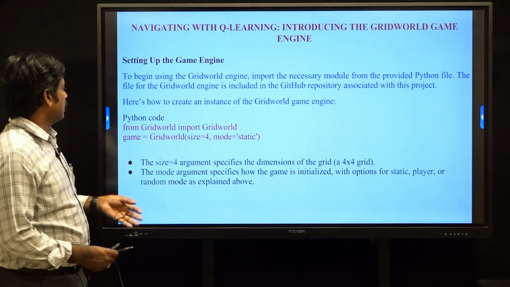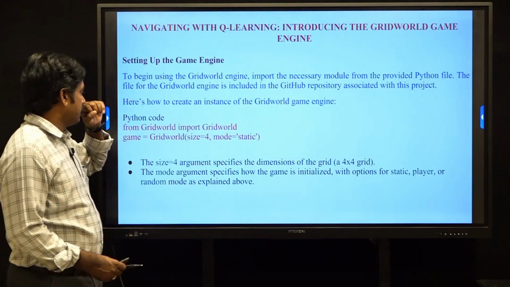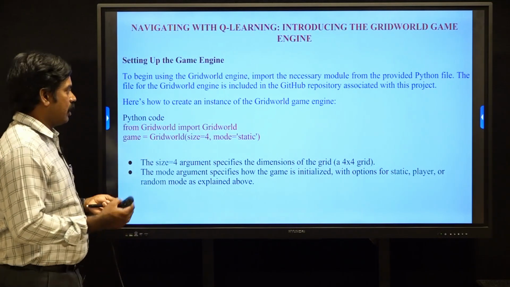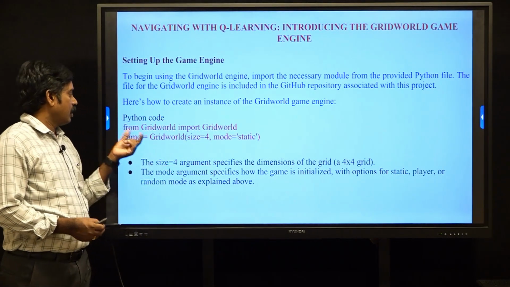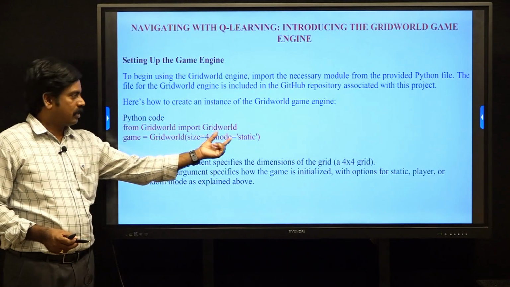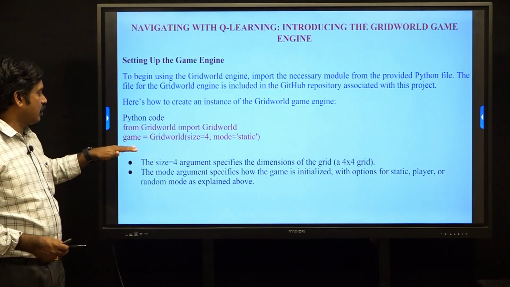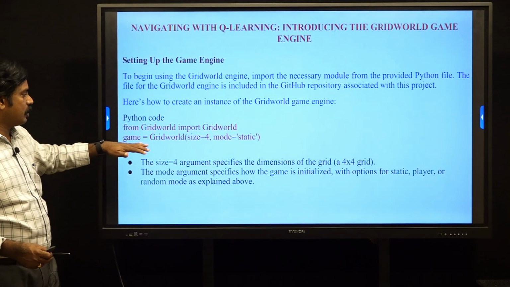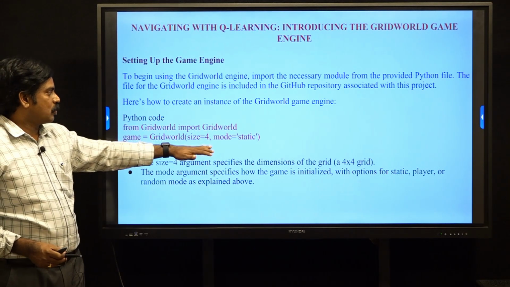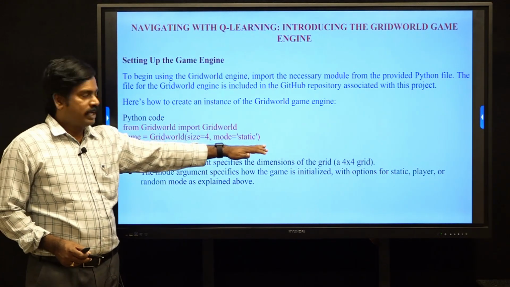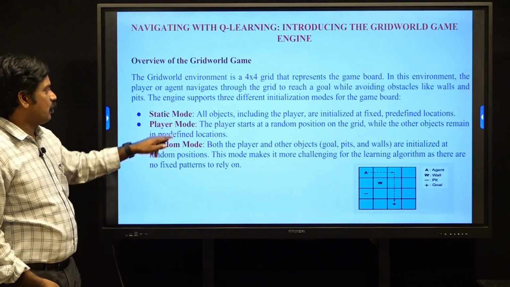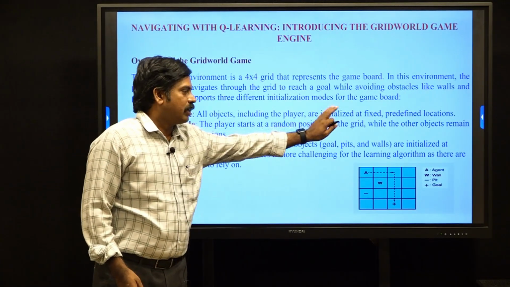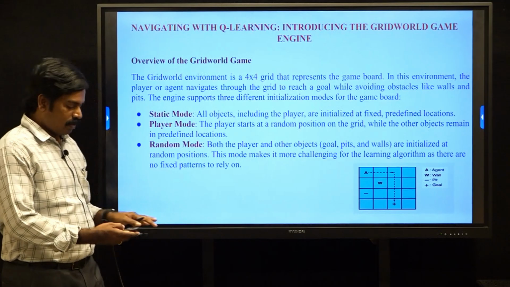Next, setting up the Gridworld game engine. Here we import Gridworld from the Gridworld package: from Gridworld import Gridworld, and game = Gridworld(size=4, mode='static'). Mode equal to static means the first mode, where all objects are initialized at fixed and predefined locations.